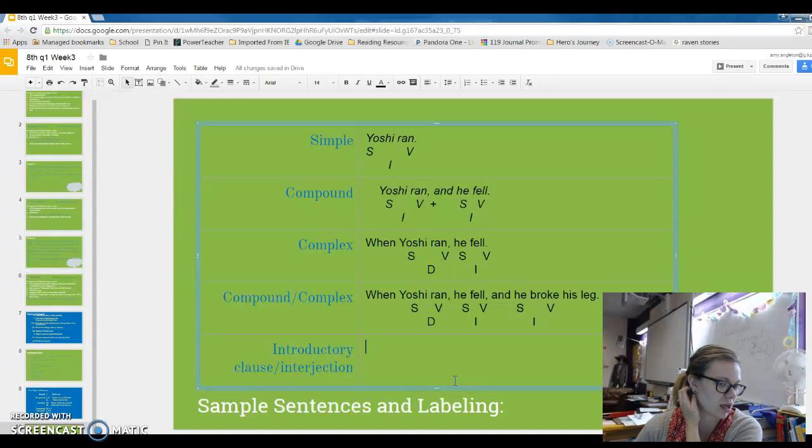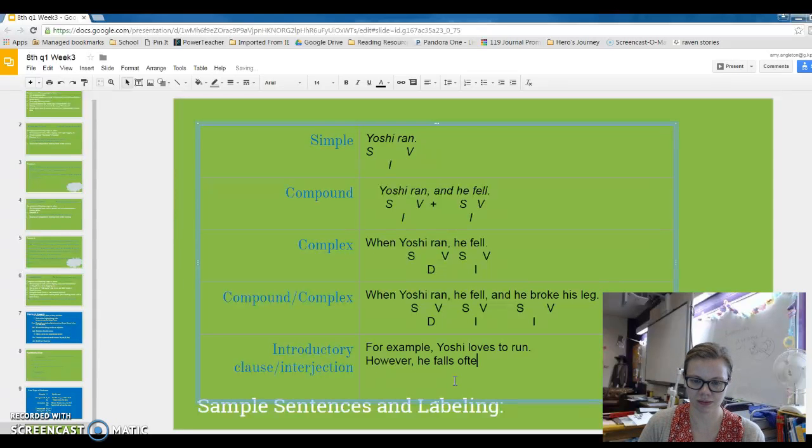An introduction can be as simple as a transition word like, for example. That is a transition word. For example, Yoshi loves to run. However, another introduction word, he falls often, period, right?